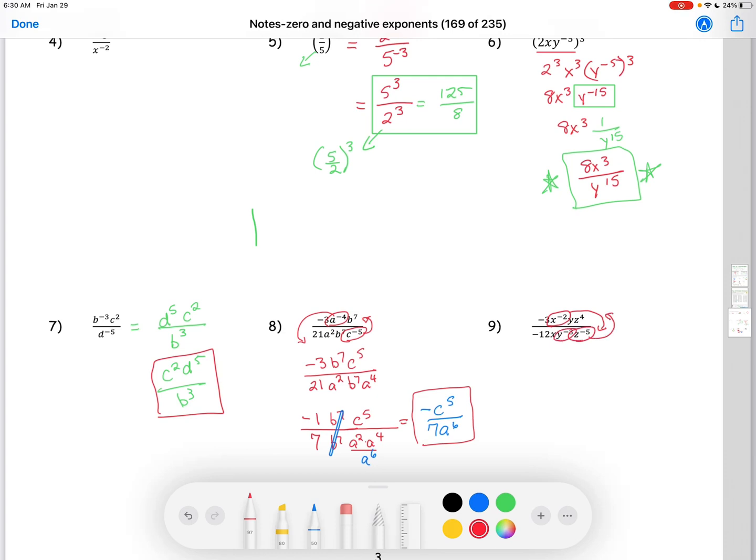And so is the y to the negative 3. All right, so negative 3 y times y to the positive 3 times z to the 4 over negative 12 x times x squared, and that's that.